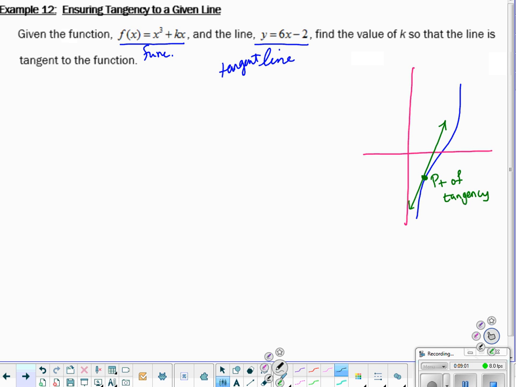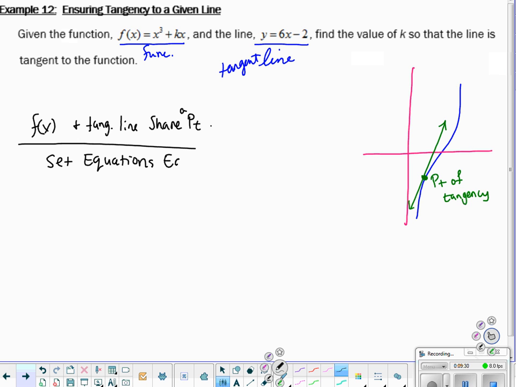Well, it gives me two things, you guys. One thing is that the equations have a point in common. Let's see, f of x and the tangent line share a point. Oh, it's like they intersect at a point? Yes, it is. Share a point, which allows us to set the equations equal because they share a point.